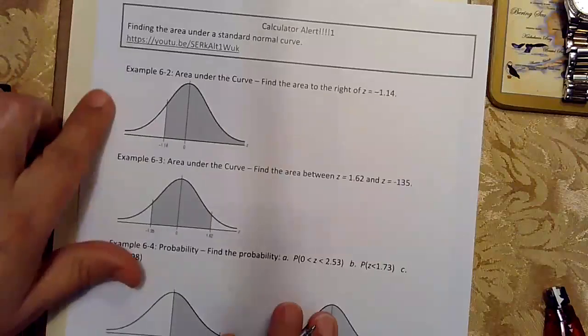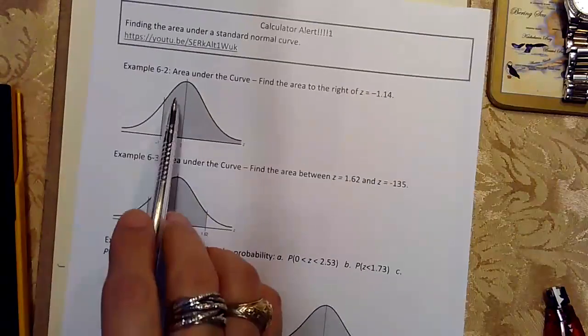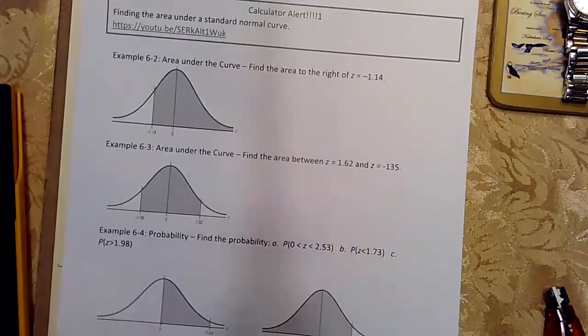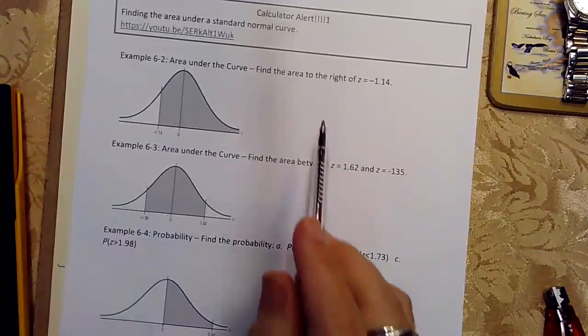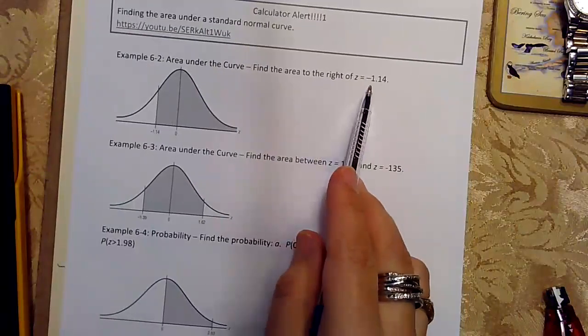So here's 145, 6-2. It's up here. So area underneath the curve. They want you to find the area to the right of z equals negative 1.14.